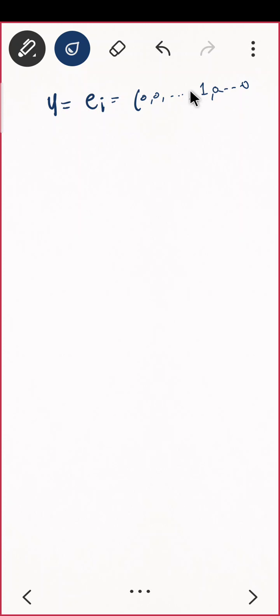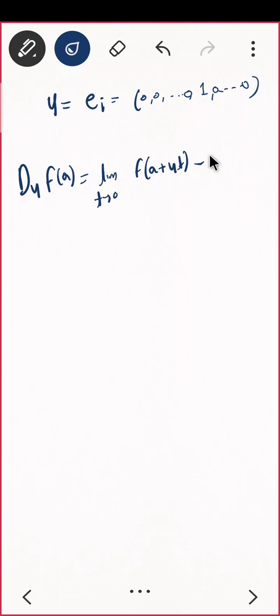Okay? So suppose I am taking this u as ei, and let us write the definition of directional derivative. That is Du f of a. As per the formula, limit t tending to 0, f of a plus ut minus f of a upon t. That was the formula, correct? But I am keeping my u as standard basis.